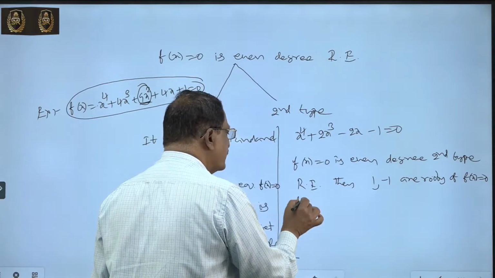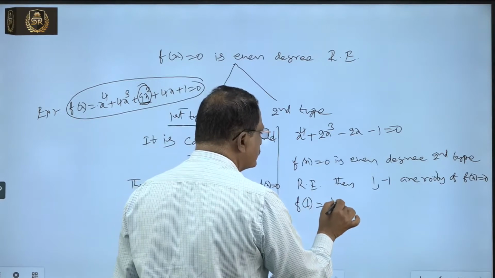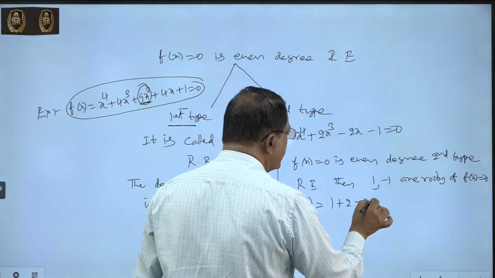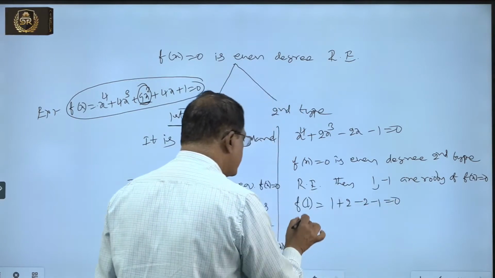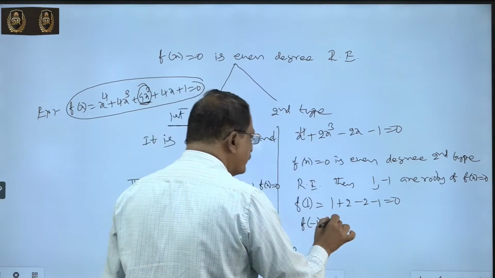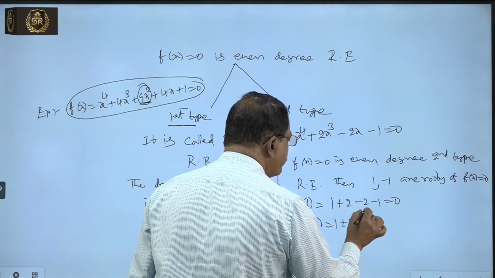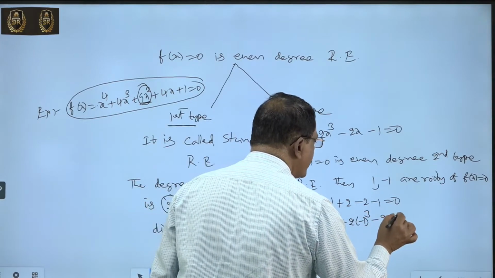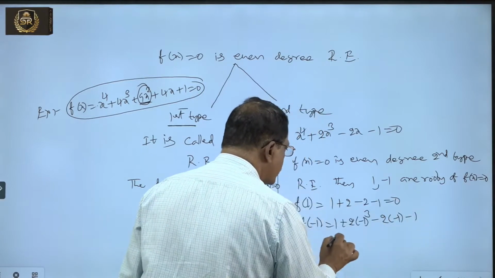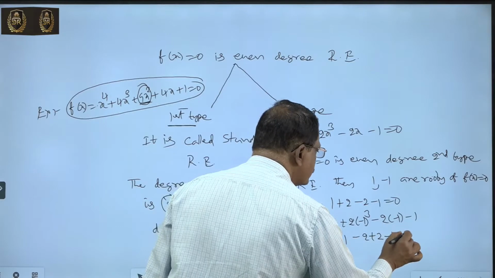Because f of 1 equals 1 plus 2 minus 2 minus 1 equals 0, and f of minus 1 equals minus 1 to the power of 4, 1, plus 2 into minus 1 whole cube, minus 2 into minus 1, minus 1, that equals 1 minus 2 plus 2 minus 1 equals 0.